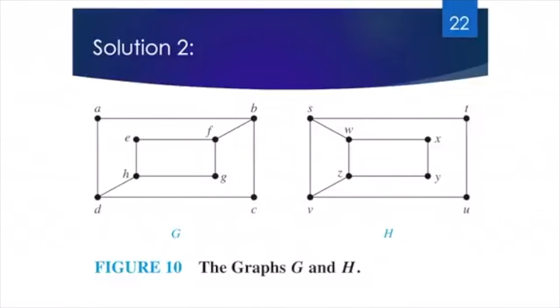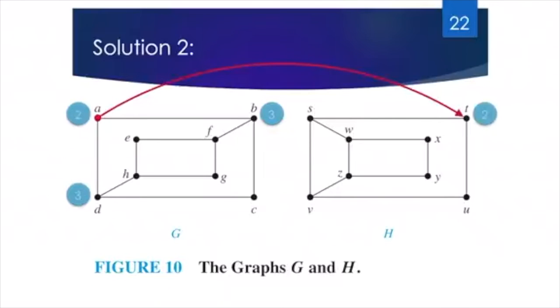I will explain why. The graphs G and H both have 8 vertices and 10 edges. They also have 4 vertices of degree 2 and 4 of degree 3. Because these invariants all agree, it is still conceivable that these graphs are isomorphic. However, G and H are not isomorphic.